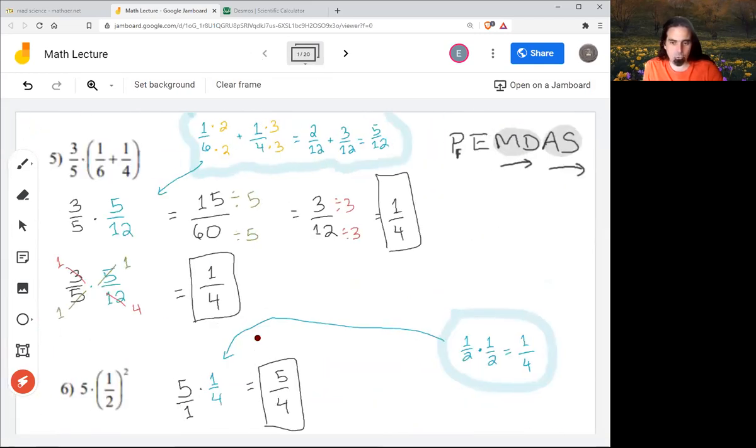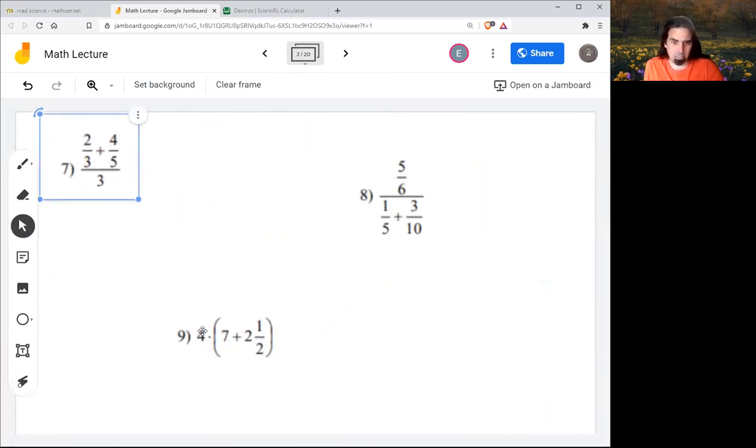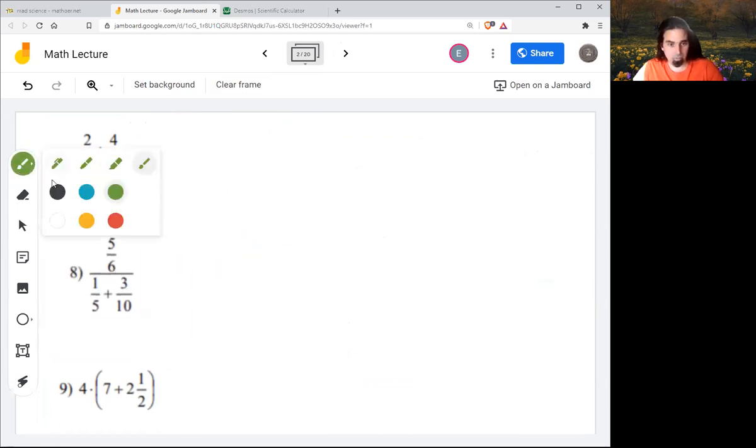So we've done these two. Number 7, maybe it'll fit that way. Okay, so this one is, I have 2/3 plus 4/5, and all of that is thirds or divided by 3 or per 3 or something like that.